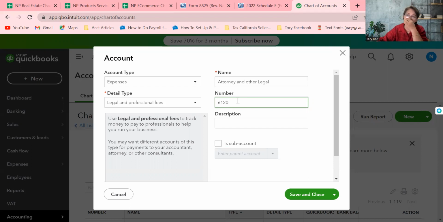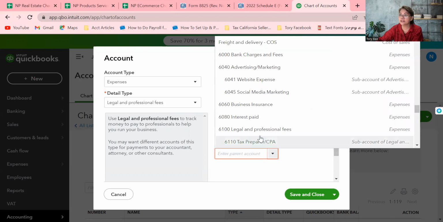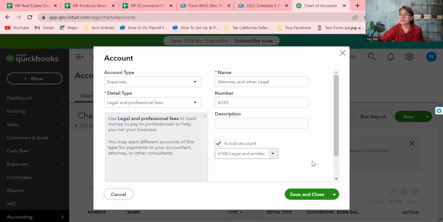When you include the number, you'll have a spacing for growth. It's not like 6111, 6112, 6113. You have spacing so that you can insert a number without changing anything. It will make your life easy. So this is a sub account of what? Sub account of 6100. That's an example.